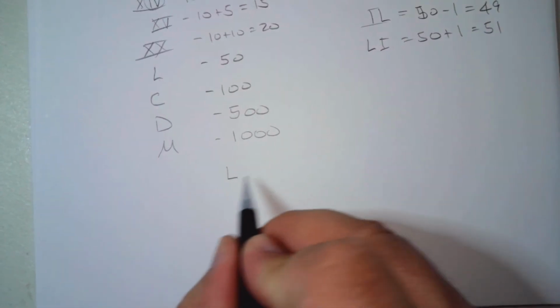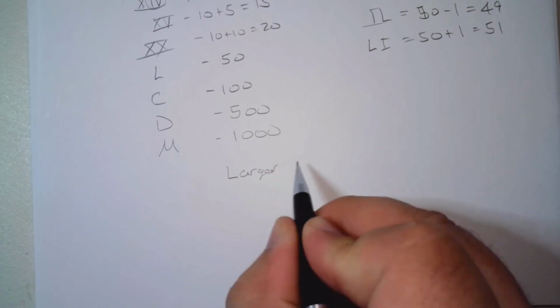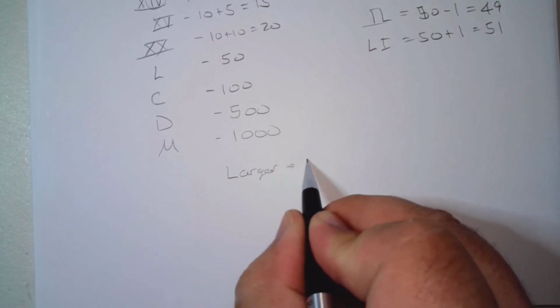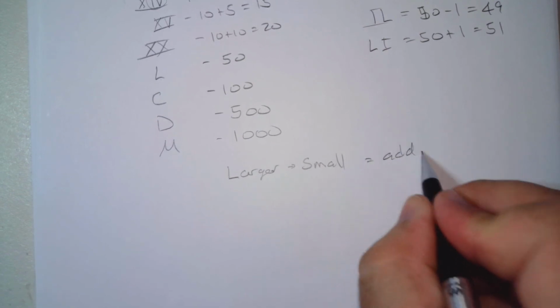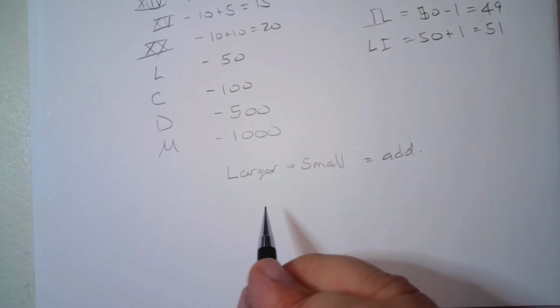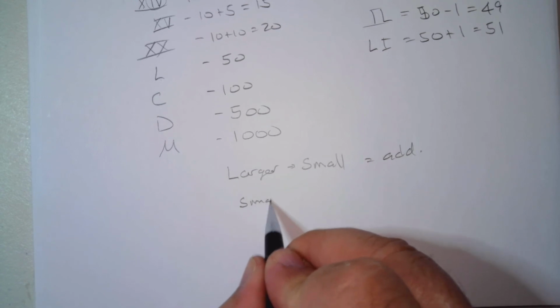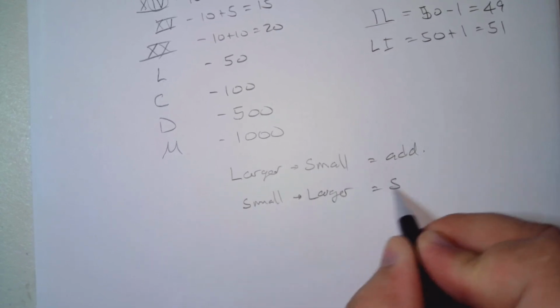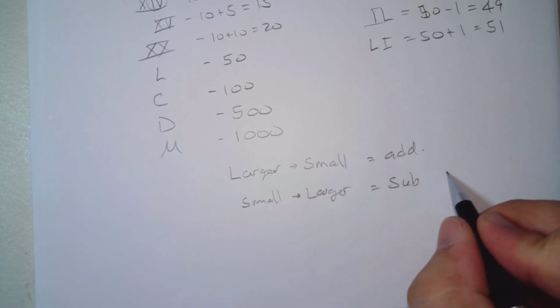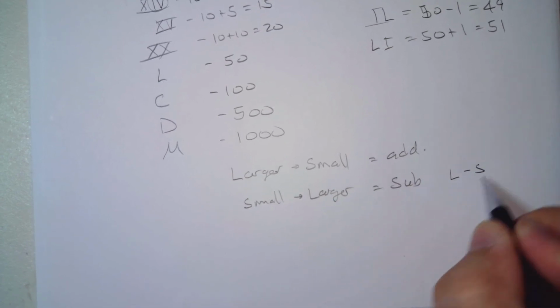So, in the Roman numeral system, if a large number is followed by a smaller number, then you add them. But if a smaller number is in front of a larger number, then you subtract the larger minus the smaller.